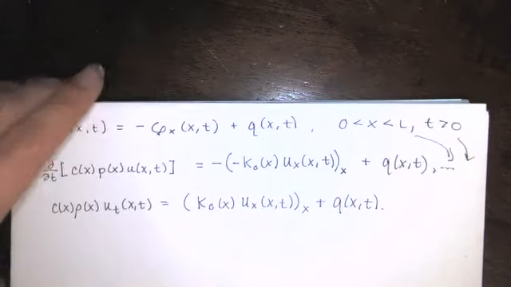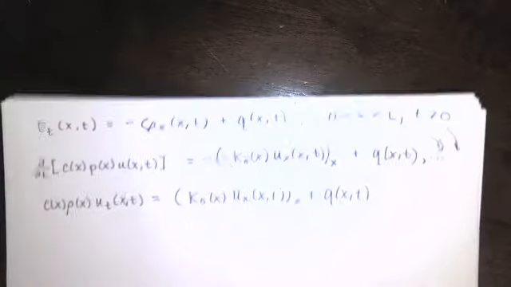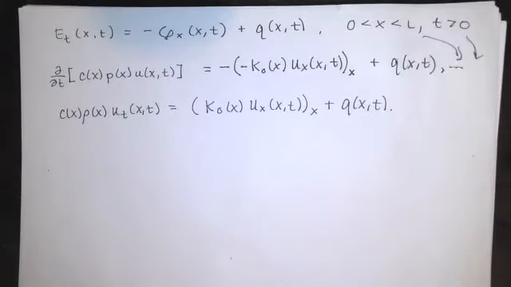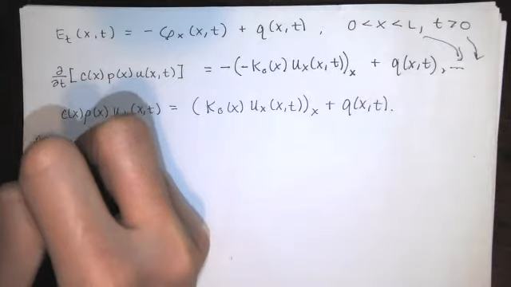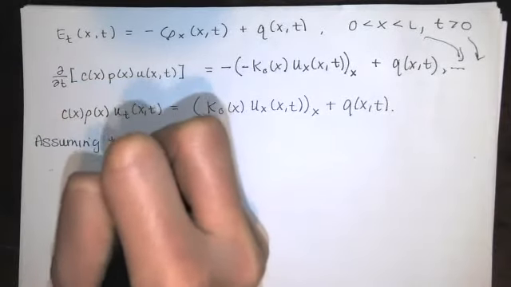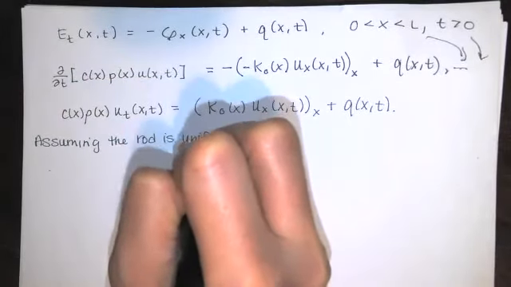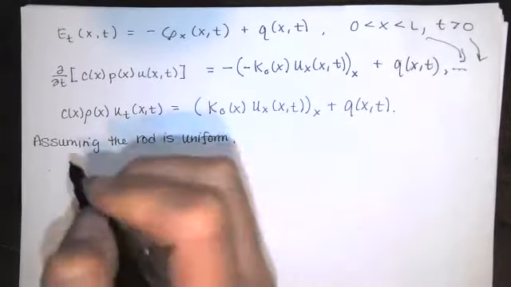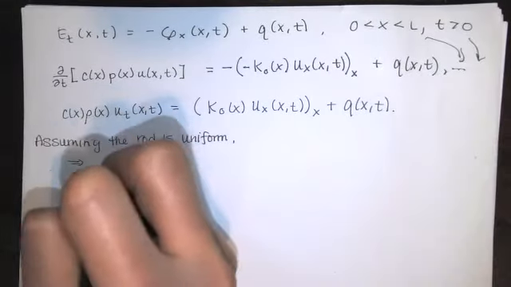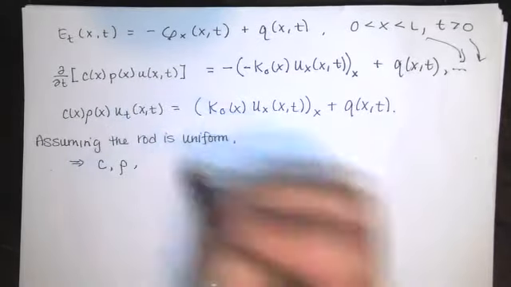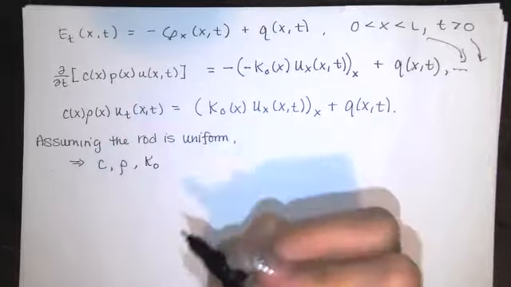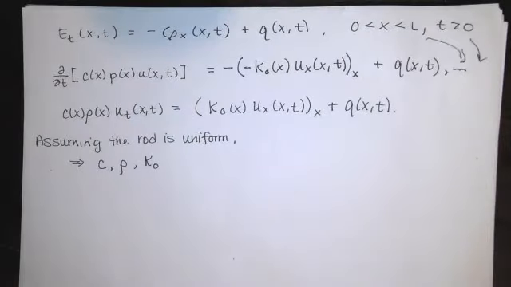Now, if we make a couple of additional assumptions, this differential equation simplifies quite a bit. If we assume that that rod is uniform, which means that that specific heat, the density, and the thermal conductivity are all constants.